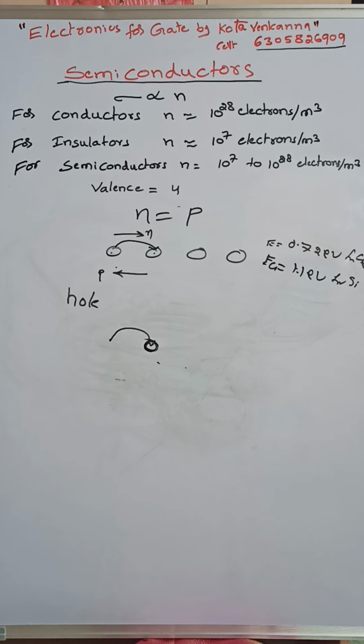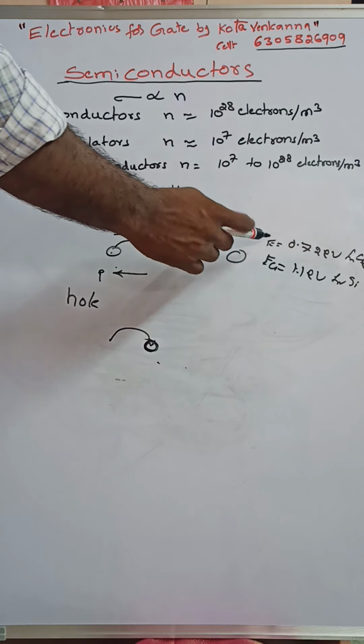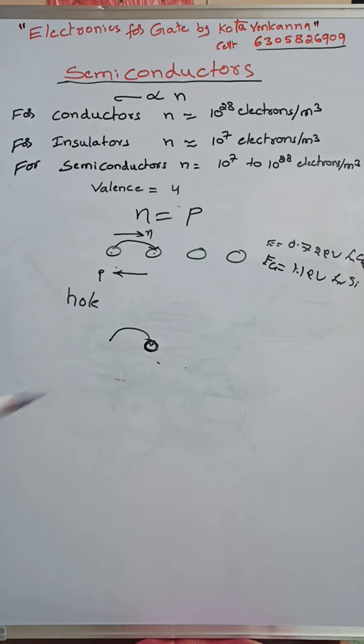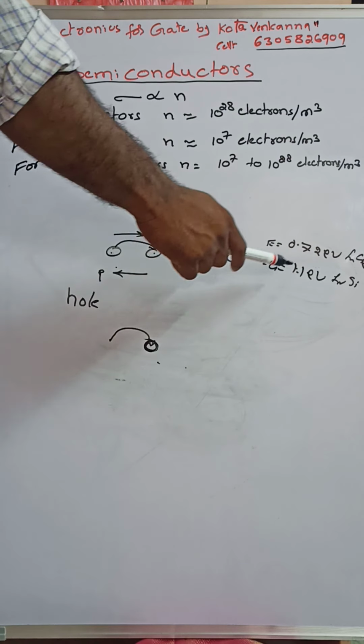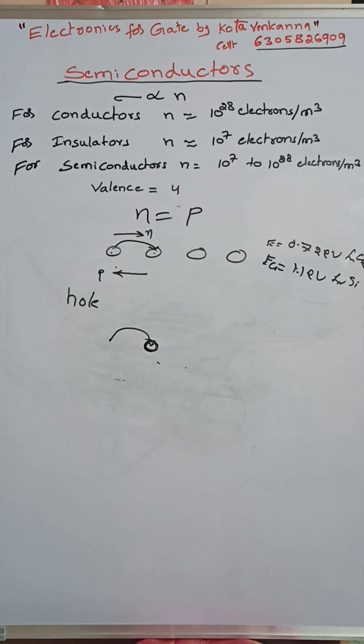At room temperature, Eg is 0.72 electron volts for germanium and 1.1 electron volts for silicon. In the transport of carriers, electrons and holes travel the same distance, but in opposite directions. A hole is the absence of an electron, which is considered as positive charge.